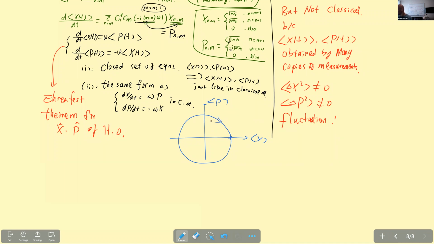This is x(t), p(t) at time t. So it's moving along a circle in phase space. This is also the same as in classical mechanics: the orbit of a harmonic oscillator in phase space is a circle, if you choose the units correctly.